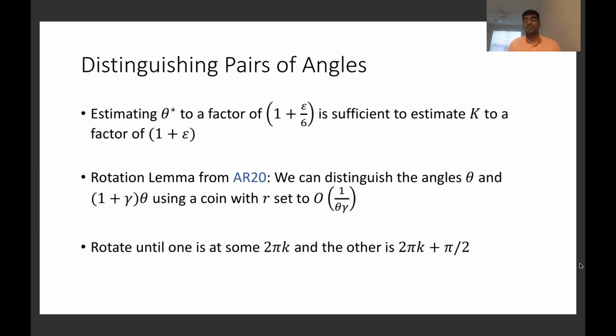So then after preparing such a coin and measuring it, if we get an input that maps roughly to 1, we'll know that likely it is a coin that is 1 plus gamma times theta, or that is likely the angle. And otherwise, we'll know that the angle is likely theta. So this is an implication of the rotation lemma from Aaronson and Rall's paper in 2020. And we can distinguish these two angles using a coin with r set to O of 1 over theta times gamma.